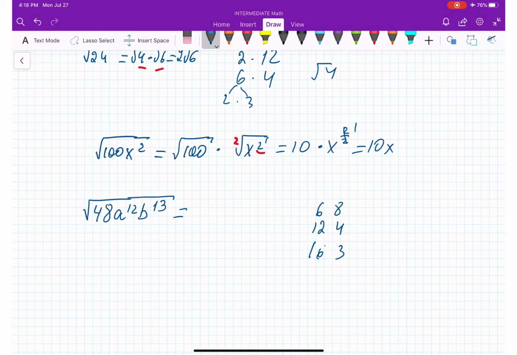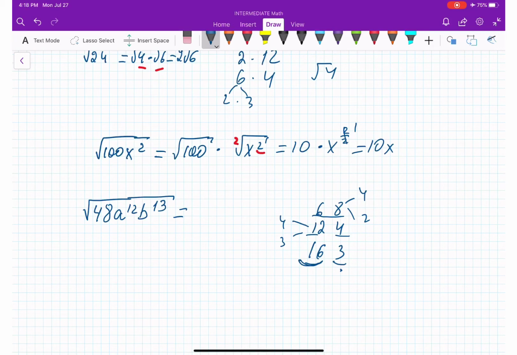Which one do you think would work the best? Of course 16 and 3, because with 16 we have a perfect square that you can take out. If I take 4, let's say, then 12 I can break down into 4 and 3 and take 4 again. If I take 6, out of 6 nothing comes out. 8 I can break down into 4 and 2 and so forth. So 16 is the best.